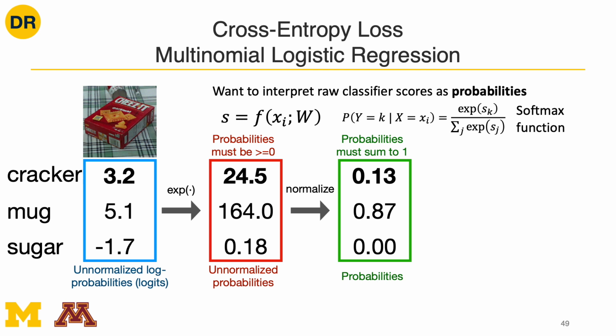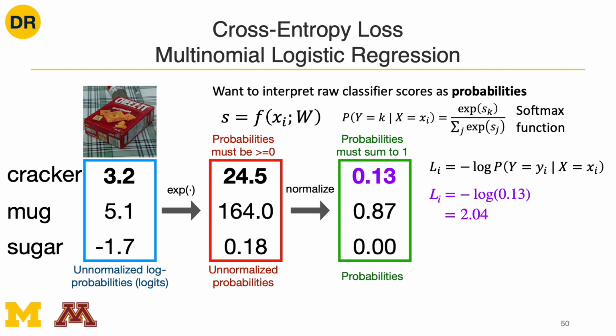This is just the process for defining how we're going to convert from the raw scores into something we can call a probability. It's a way to interpret the raw scores as probabilities. At that point, what we have is the cross-entropy loss function, where the loss for this particular example is defined as the negative log of the probability for the correct class conditioned on the image.